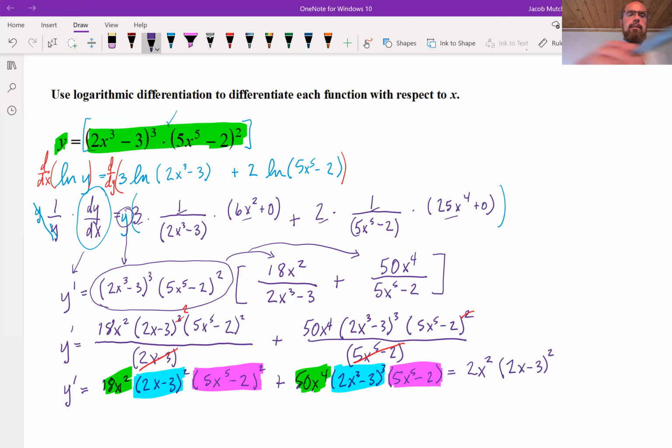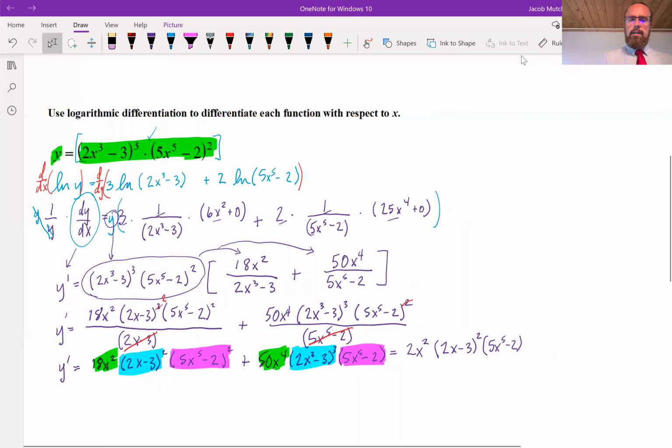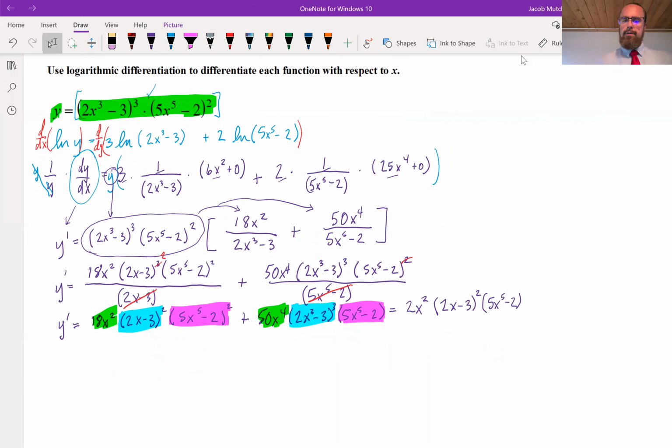So then my common factor would be that 5x to the 5th minus 2 just to the first power. So then I do want to write out what's left after I factor out that common factor. So let's write what's left after that factorization.